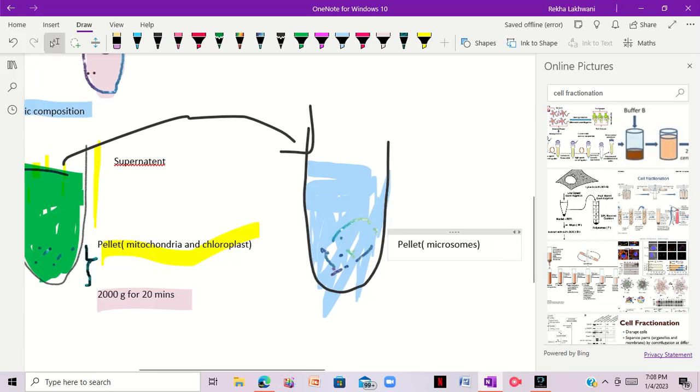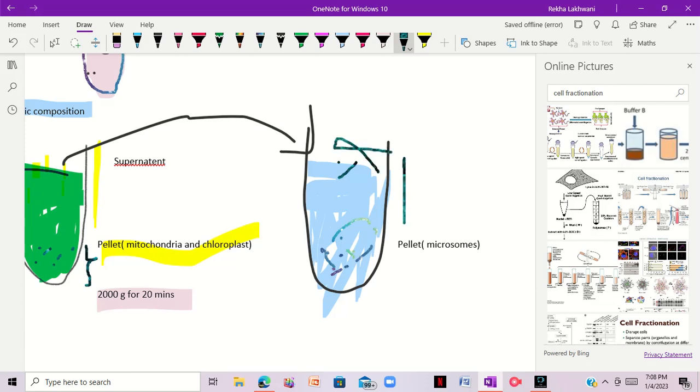Microsomes are small particles of the cell wall and the cell membrane, right? And here there will be supernatant, which will float over here.